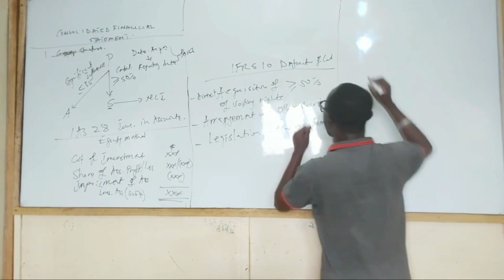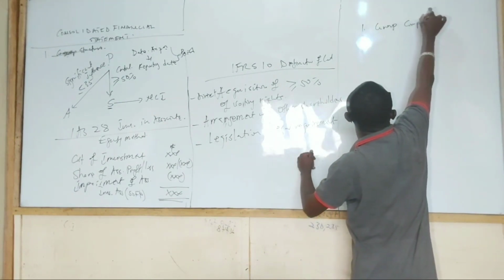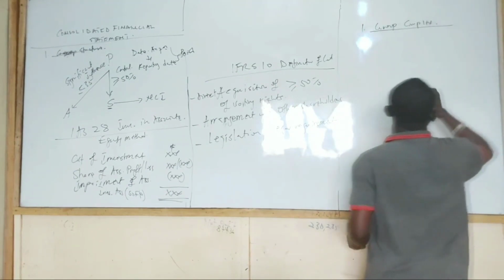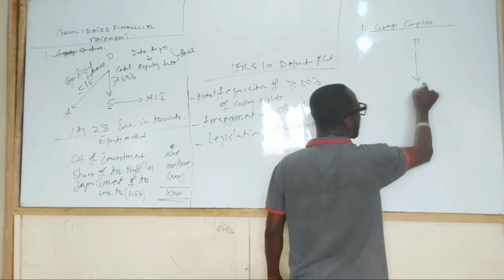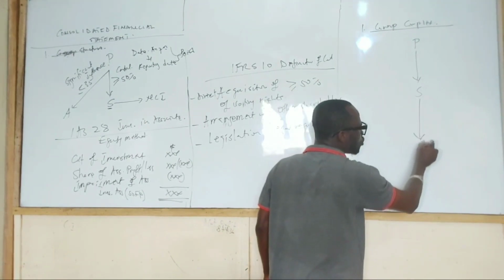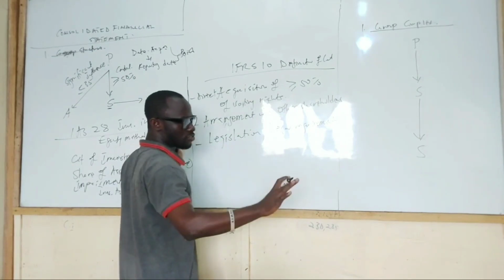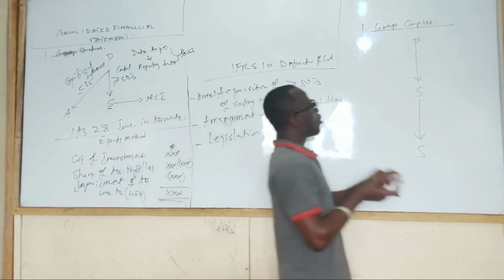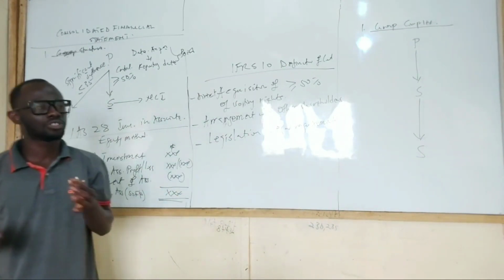The group structure for complex follows this way: we have a parent who has a subsidiary, and the subsidiary also has another subsidiary. So this is where it becomes interesting. This kind of scenario is called a complex group structure.